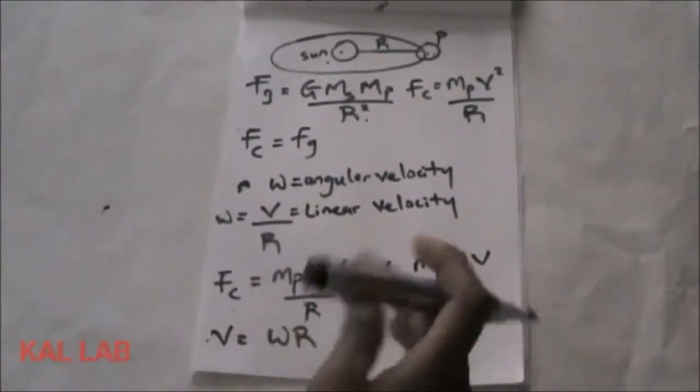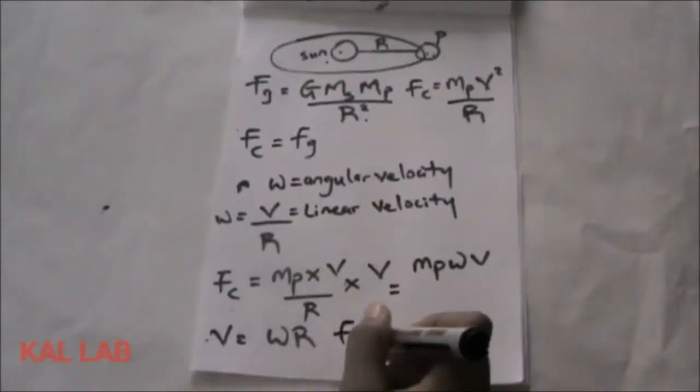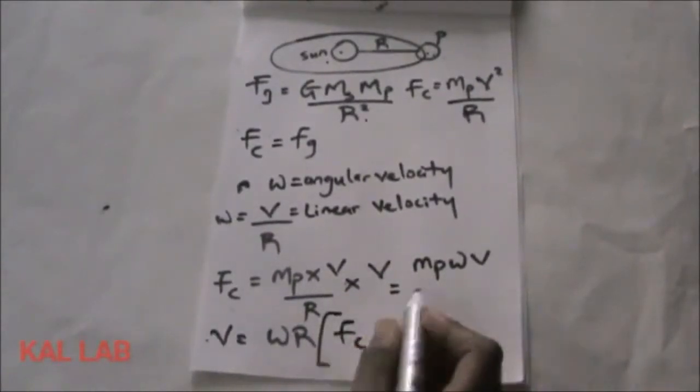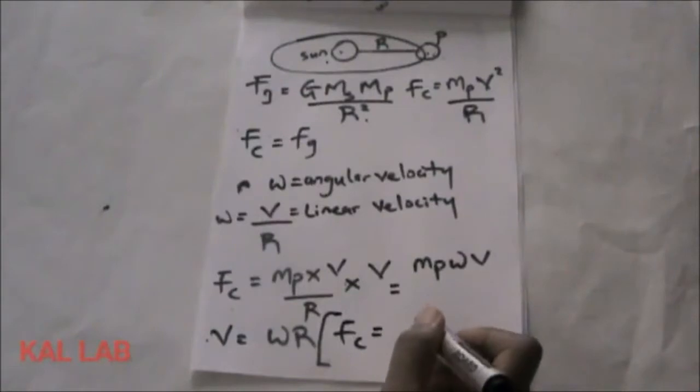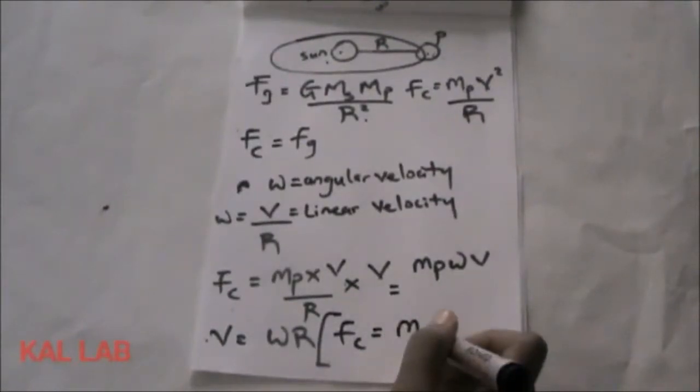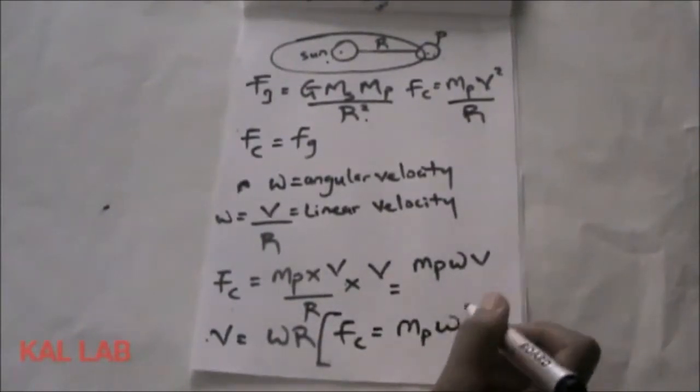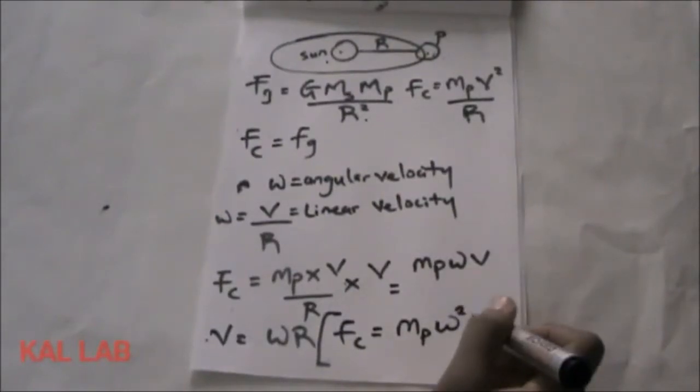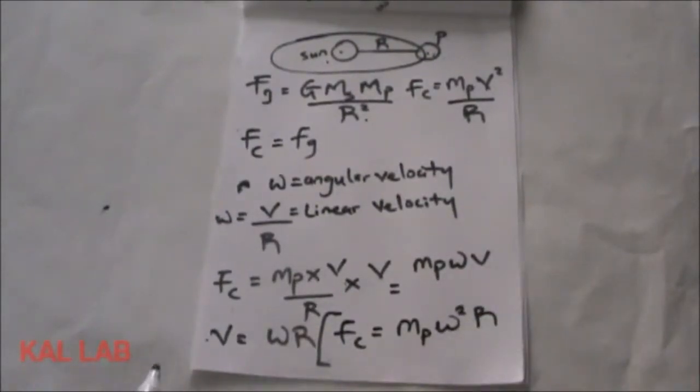So with this we can say that Fc is equal to mp w squared r. That is by substituting this in this.